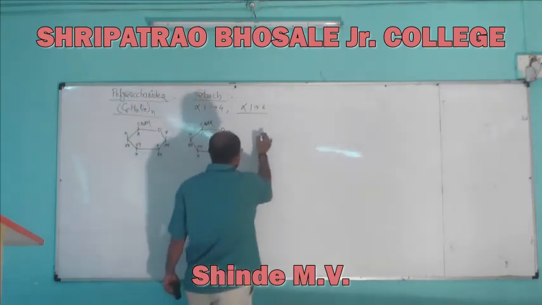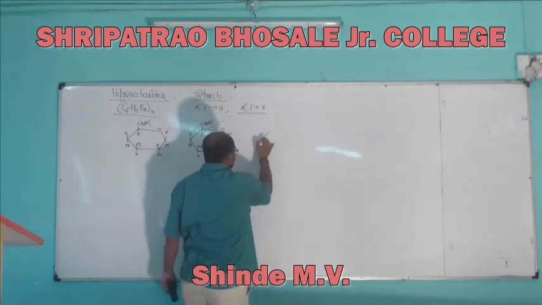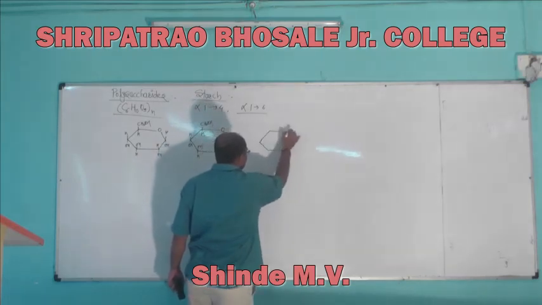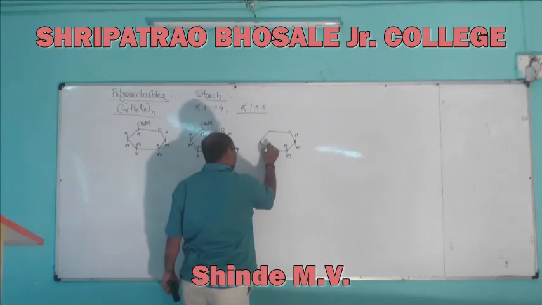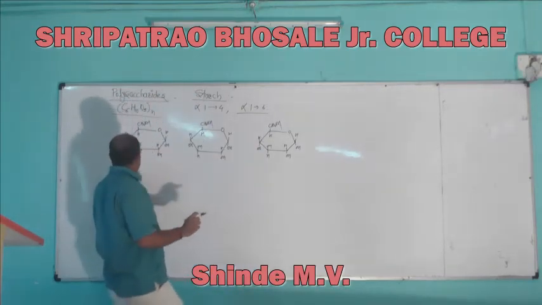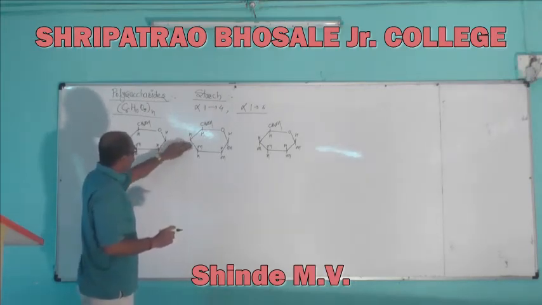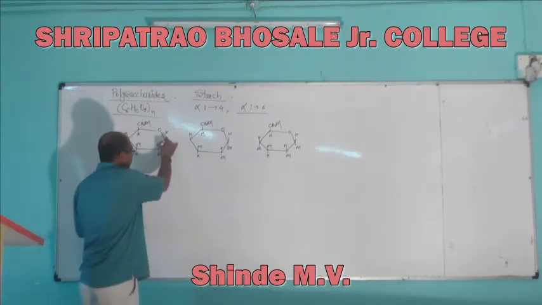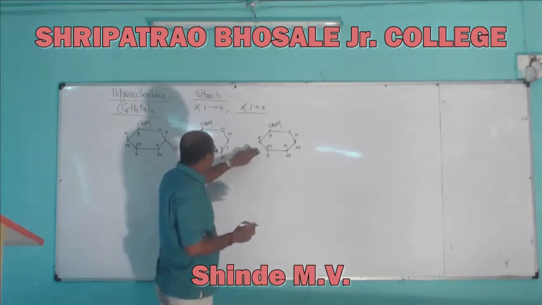I am drawing here the structure of the alpha D glucose molecule. Amylose contains a straight chain of alpha D glucose molecules. We have the glycosidic linkage alpha 1 to 4.